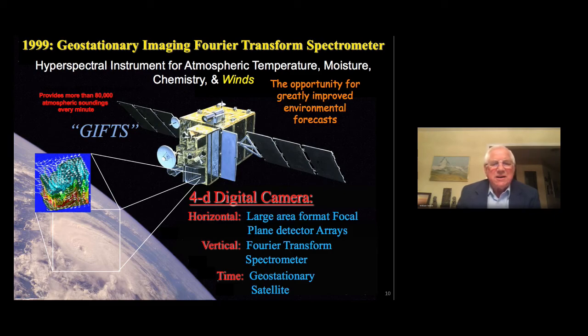And it was actually able to obtain about 80,000 atmospheric soundings per minute. And it had very high resolution, 4-kilometer resolution. We built this instrument and we tested it on the ground, but unfortunately, it never got into orbit because NASA's budget was cut, or actually the president told NASA they had to go to the Moon and Mars rather than spend their money on this.